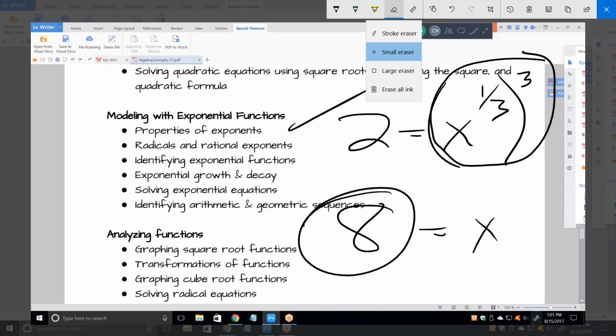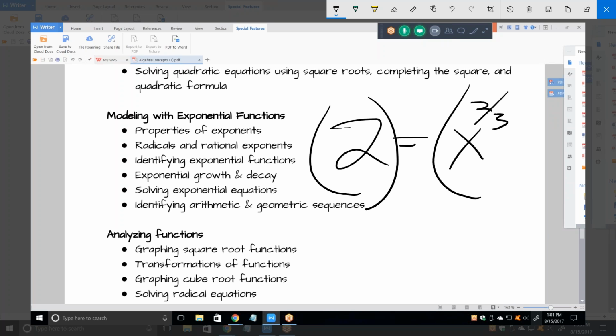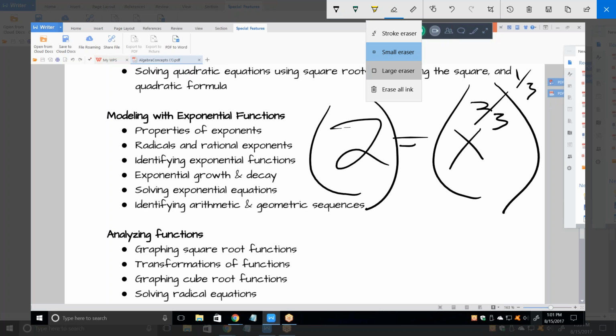Let me give you a slightly harder one. How would I solve that? What would I have to exponentiate both sides to? 1/3 maybe? If I exponentiate the right to 1/3, then that becomes 2/9. Remember, I'm multiplying these two numbers, and I want it to become 1.